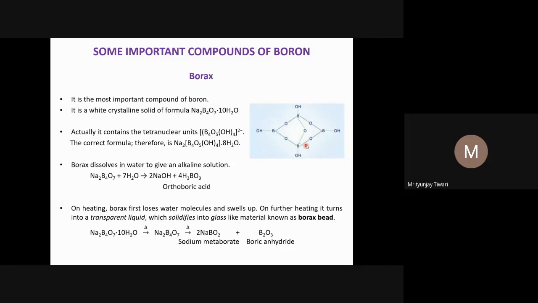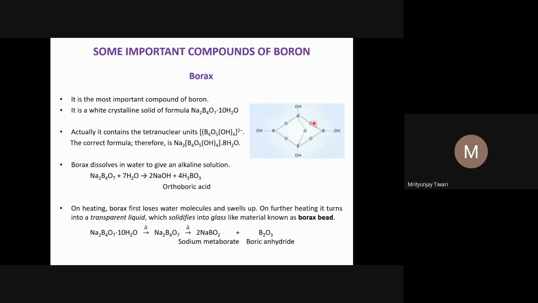So this boron has a complete octet, this boron also has a complete octet, and these two borons do not have a complete octet. There is a sextet of electrons in these two borons, and each boron atom is also linked to one OH group. For these two you may see an OH minus group, but that is also there.